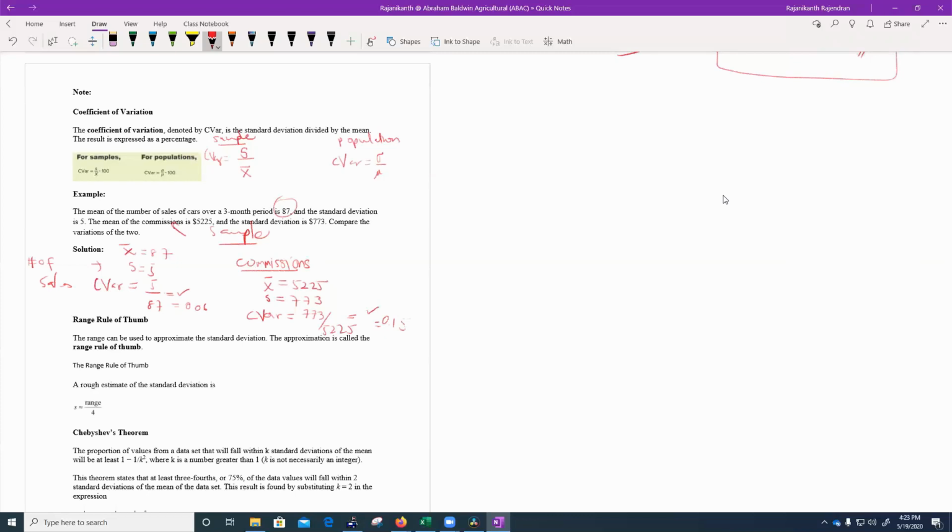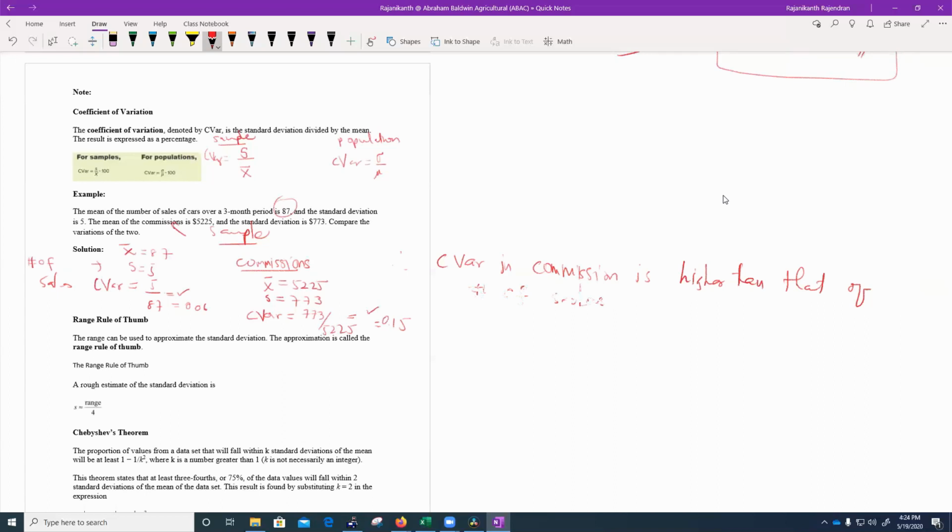Therefore, the coefficient of variation of the second variable is higher than the first one, right? Therefore, the coefficient of variation of the commissions is higher than that of the number of sales.